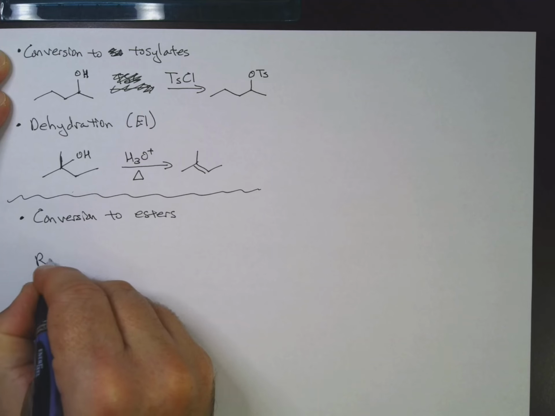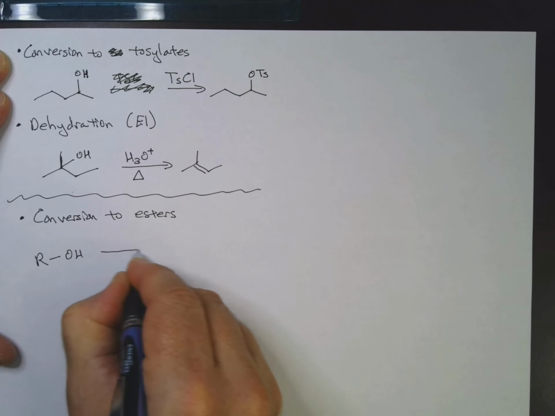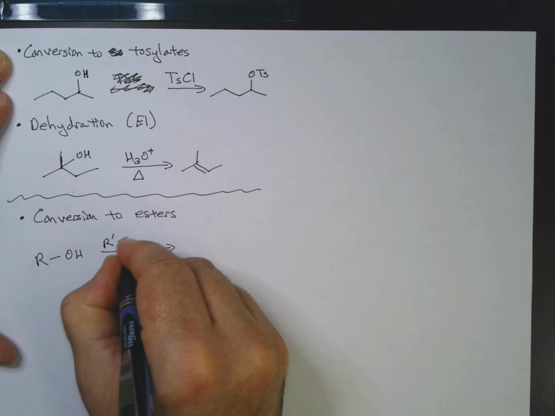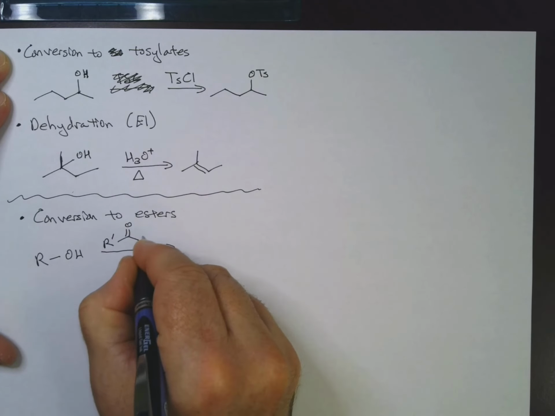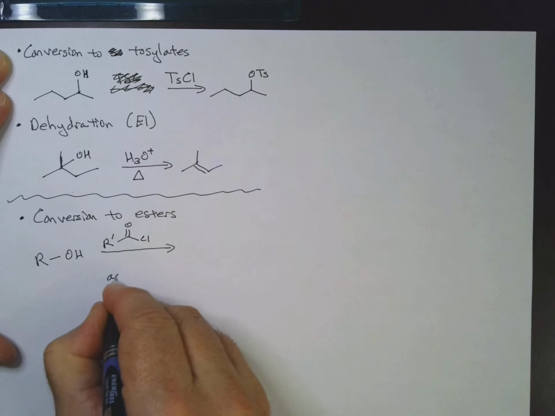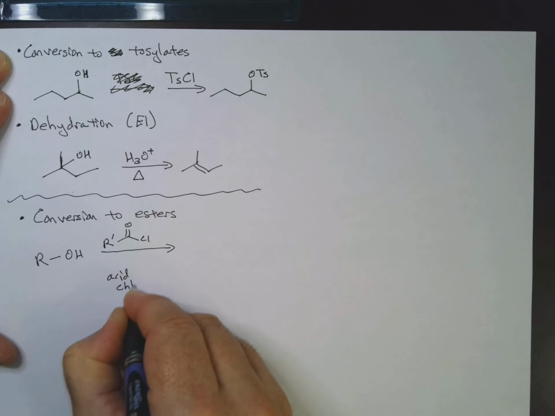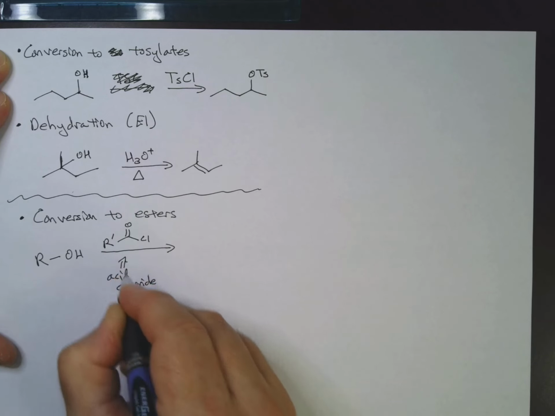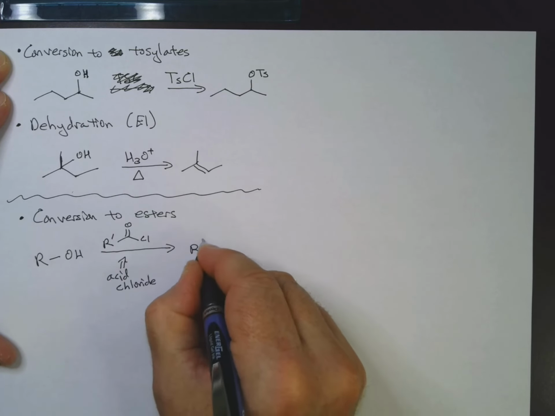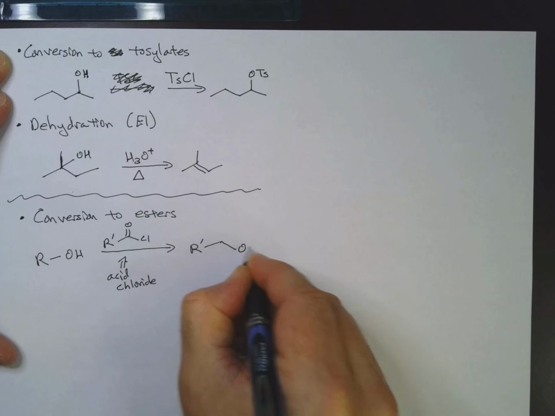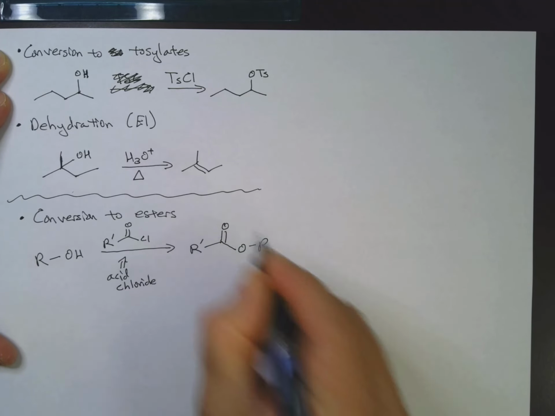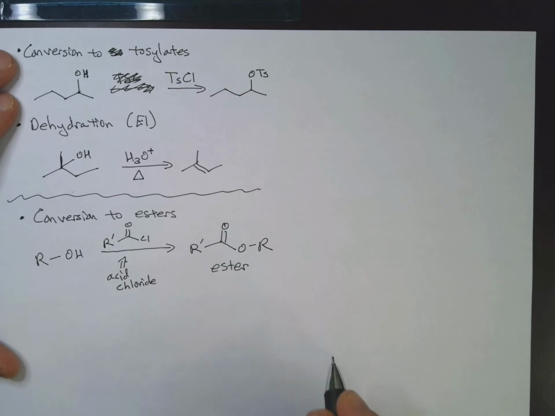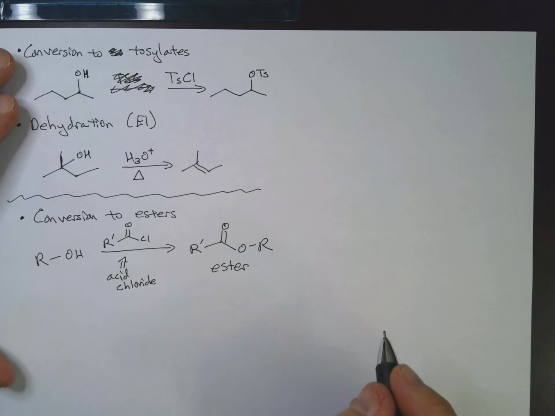If I have my ROH and I treat it with R' Cl, this is an acid chloride. It's a derivative of a carboxylic acid. I will get R'-O-C(=O)-R. I'll get my ester.